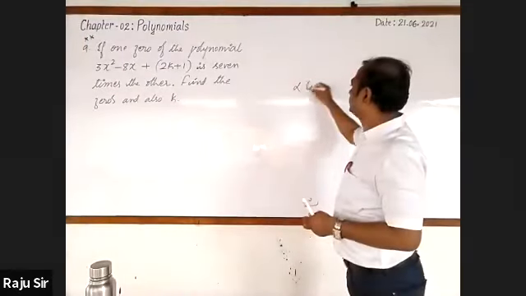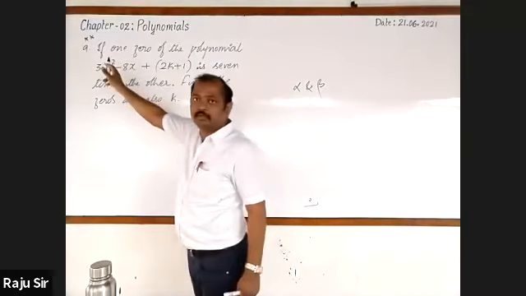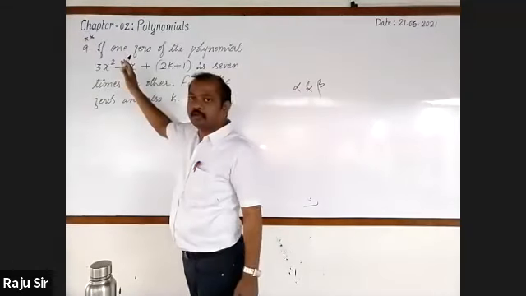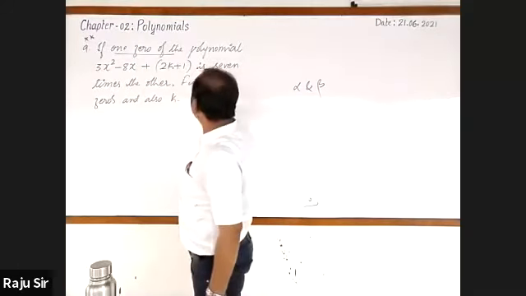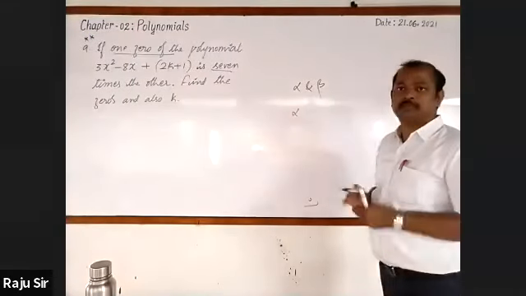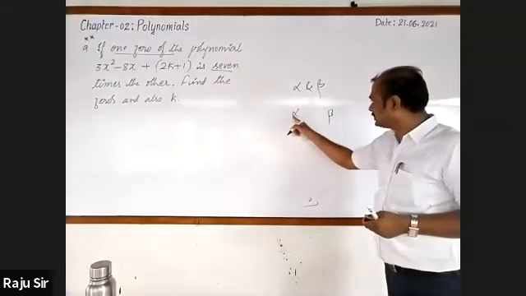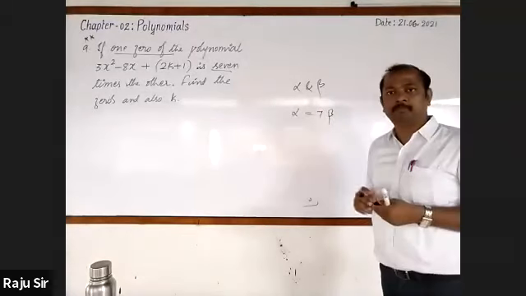According to the statement, one zero of the polynomial is 7 times the other. I take one zero as alpha and another zero as beta. So alpha equal to 7 beta.